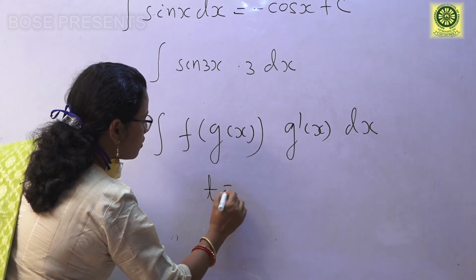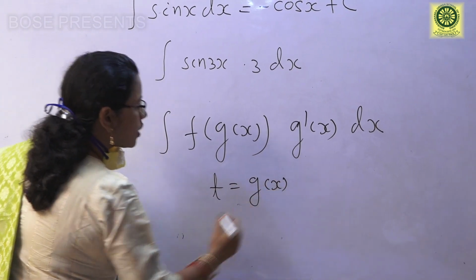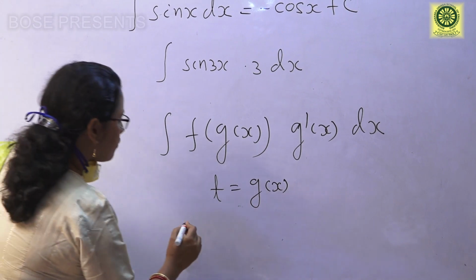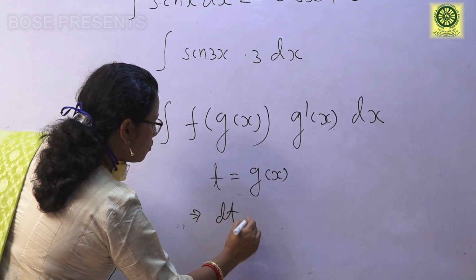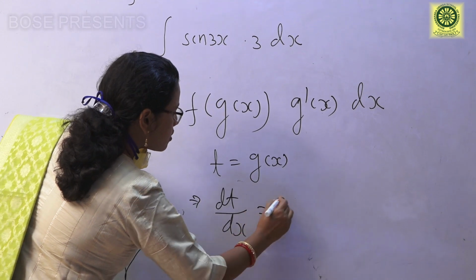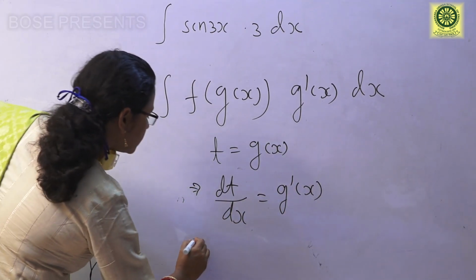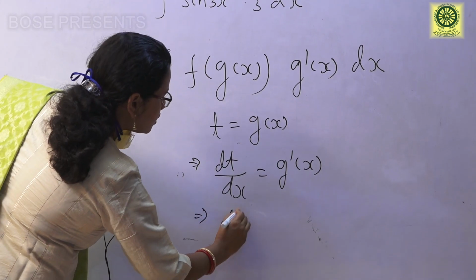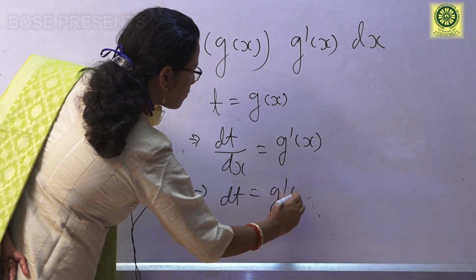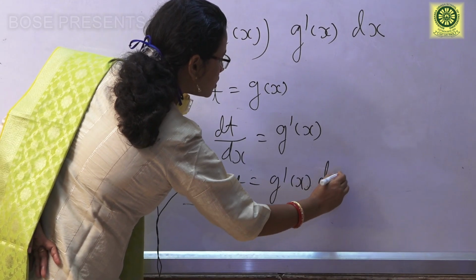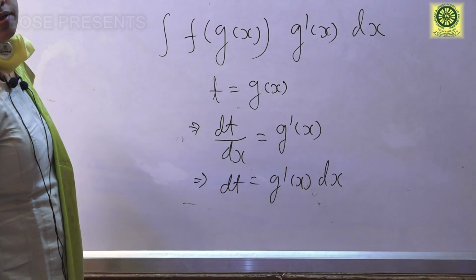Just substitute t for g of x. Then differentiate t with respect to x, both sides. So you will get, that implies dt is g dash of x into dx.